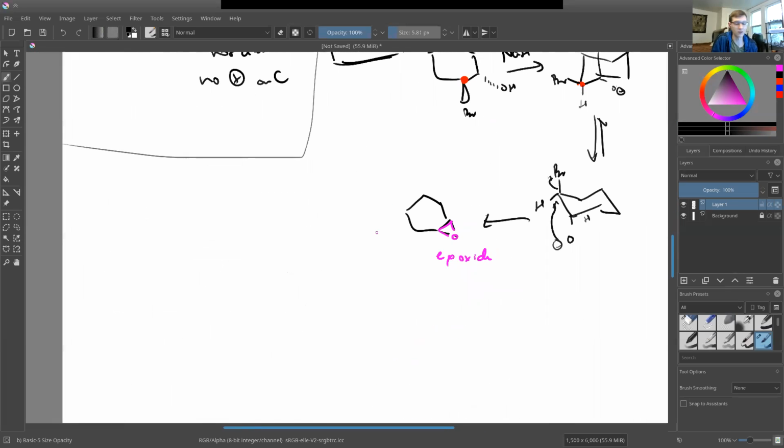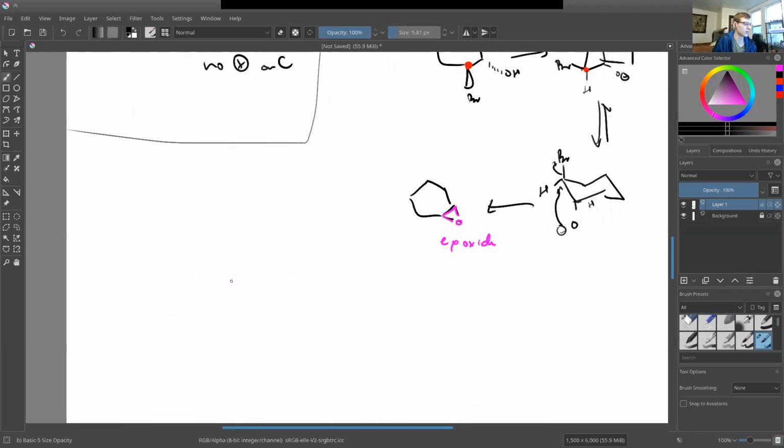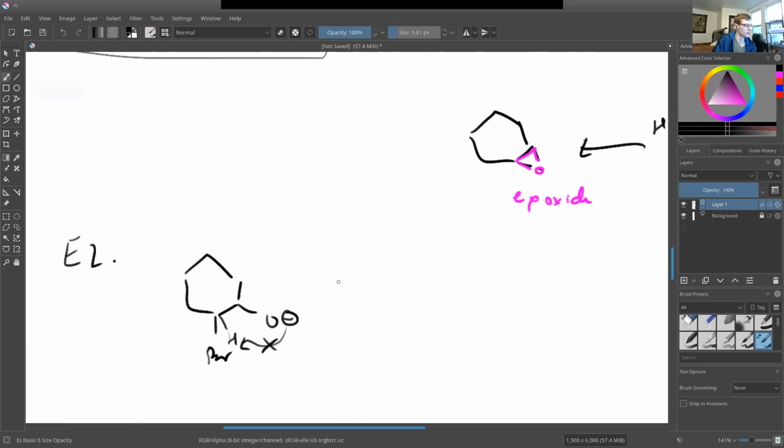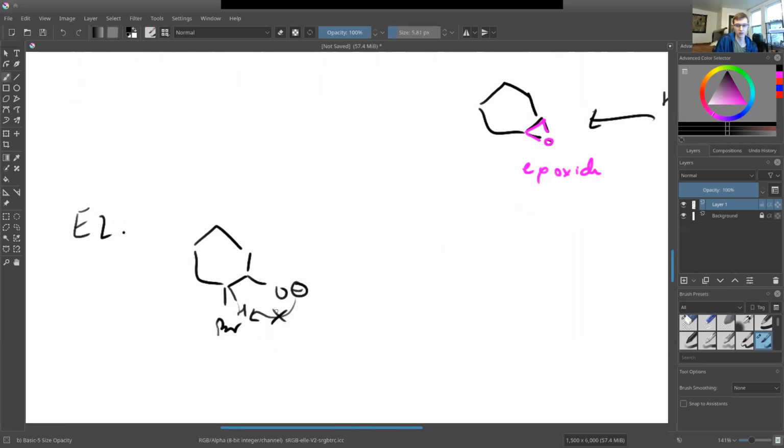But in some sense, we could also do E2. But in this case, when we had this bromine and then O minus, remember that we have to pull a hydrogen not where the bromine is, but next to it, right? And so we can't pull off this hydrogen here.